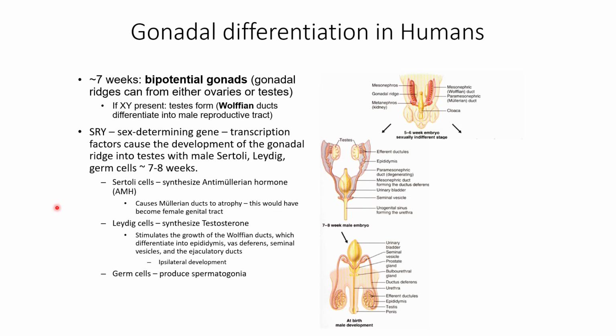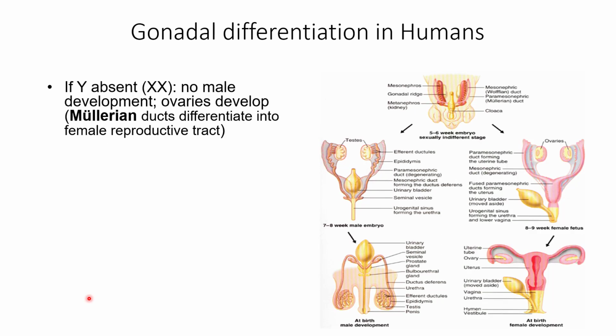So the Sertoli cells in the testes start producing what's known as anti-Mullerian hormone, which causes the Mullerian ducts to atrophy and disappear. So we lose the female genital tract. The Leydig cells in the testes start producing testosterone, and that continues to stimulate the growth of the Wolffian ducts. And then our germ cells will start producing the spermatogonia, the sperm.